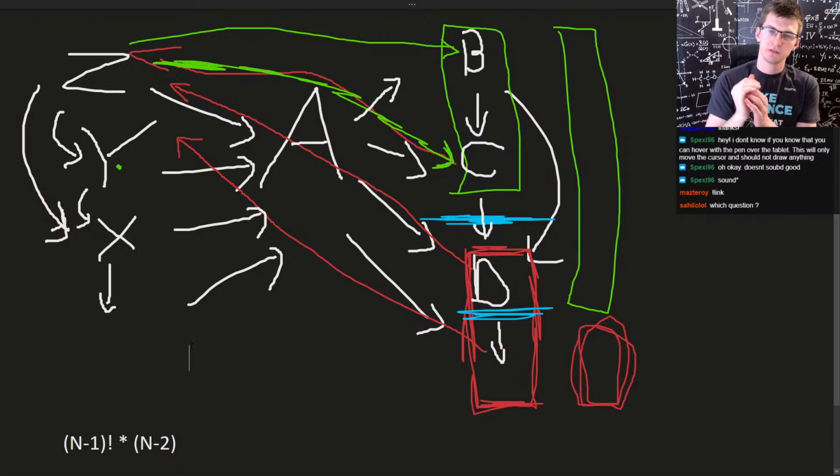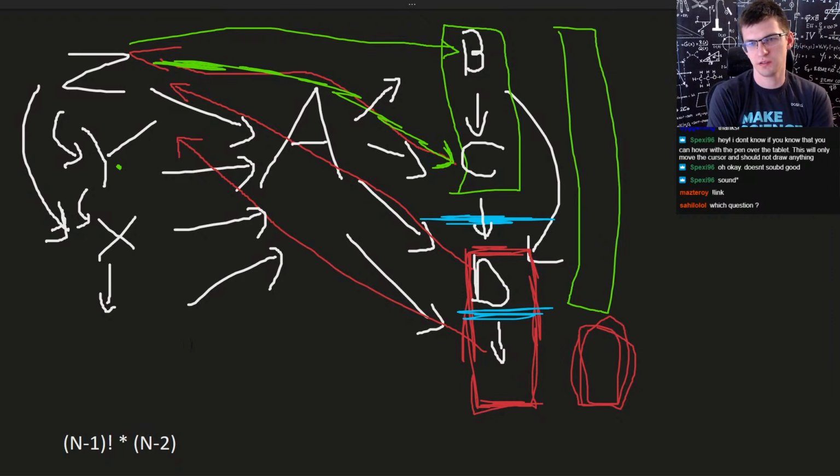So green on the right expands and expands. I just don't want to count the way where from Z I have all the edges to that. Okay.